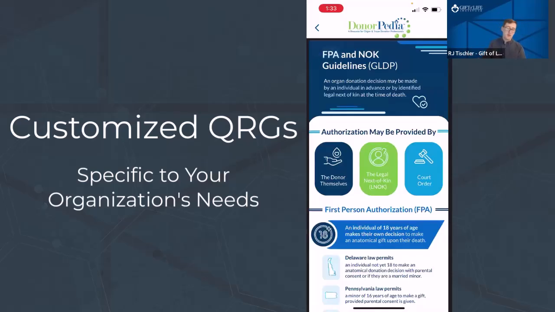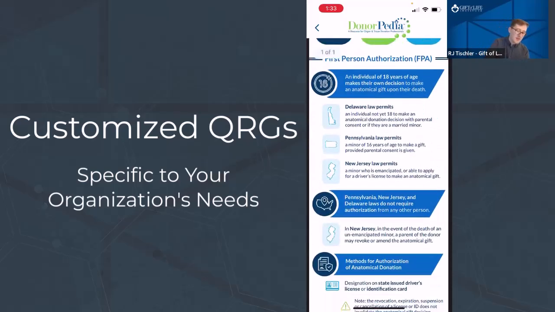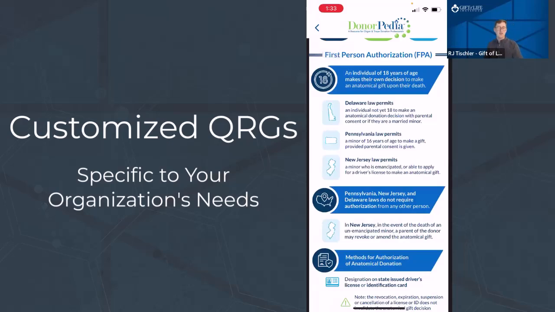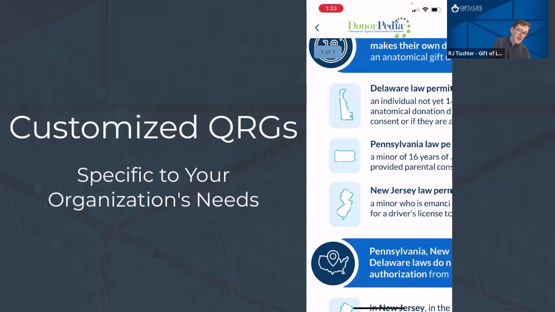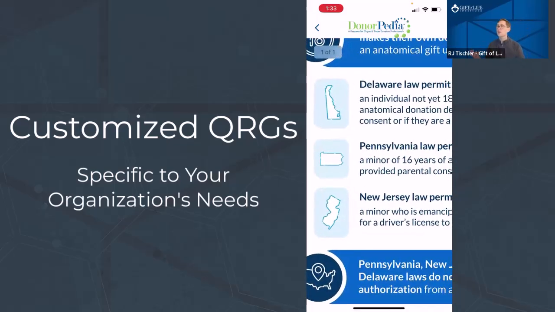So just as an example, what we'll show you here is that we have listed out the state laws for Delaware, Pennsylvania, and New Jersey. And this is really useful because if you are used to working in one state, but you find yourself working on a case in another state, you can easily open up DonorPedia, check on what the differences of those state laws are, and feel confident and ready to follow those correctly.